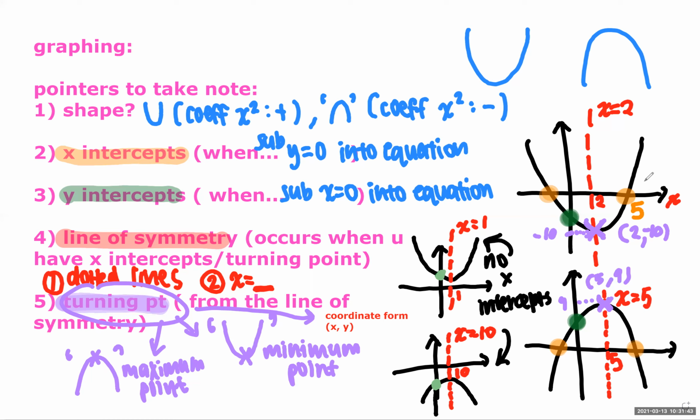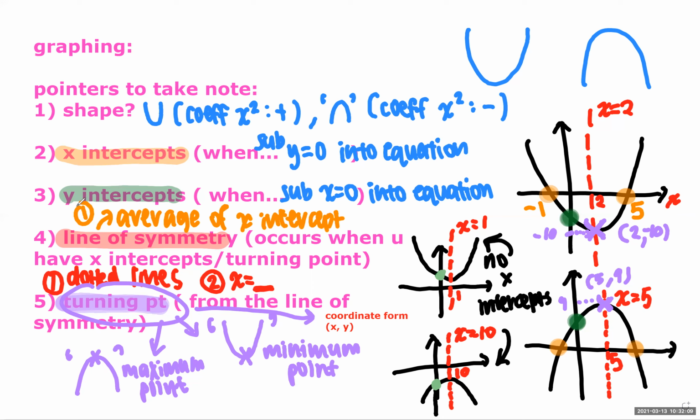And this x-intercept is -1, right? So how do we find the line of symmetry? To find the line of symmetry, I take the average of the x-intercepts. This one is in orange, average of x-intercepts.